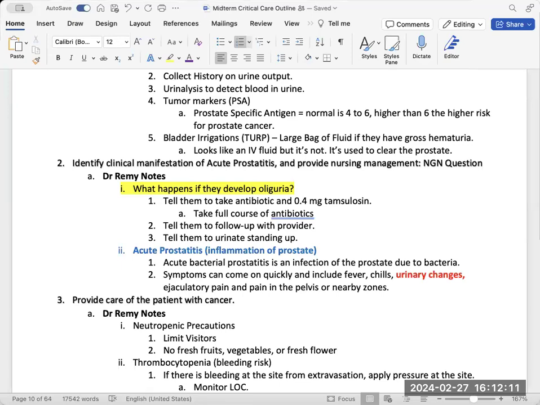Maybe it helps with pressure from the bladder neck, or with getting the stream out. I'm guessing that would make sense. Probably. I'm really not too sure. But just know that tamsulosin is going to help you go to the bathroom, make you pee. We're going to give them antibiotics. We want them to follow up with the provider, and we want them to urinate standing up.